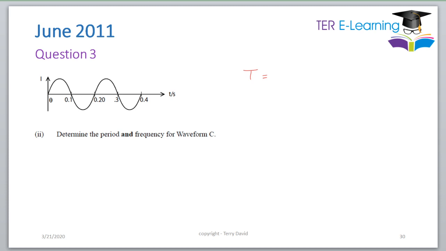I've seen Emily saying 0.2, Kendall saying 0.3, Joshua saying 0.3.